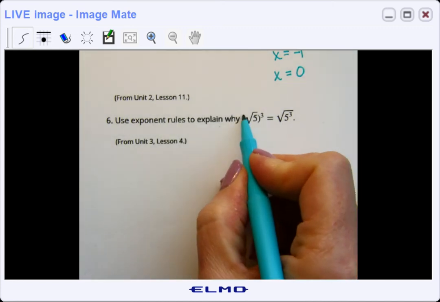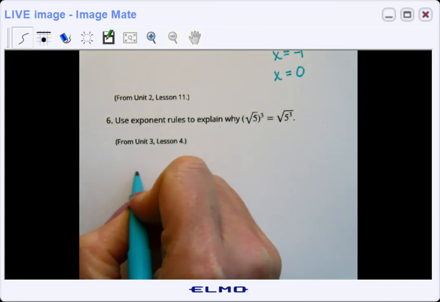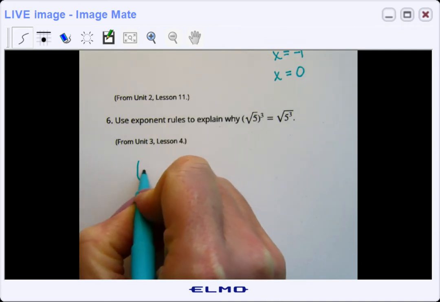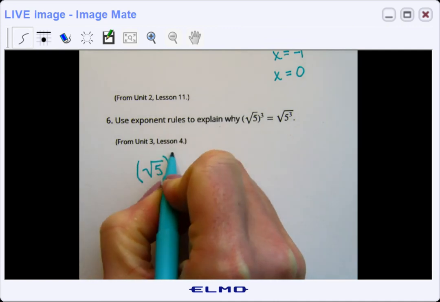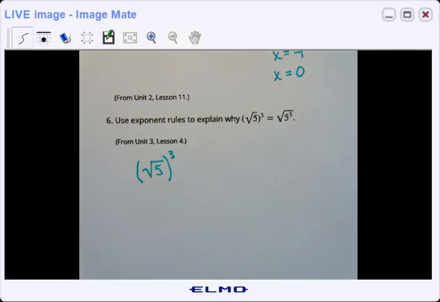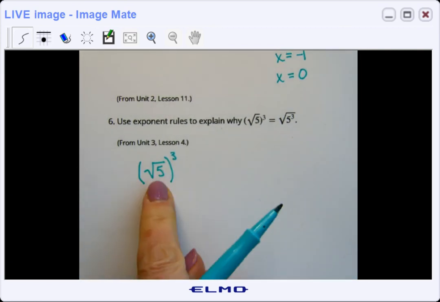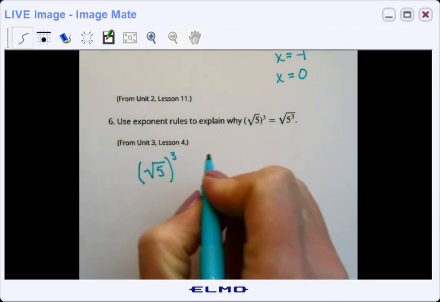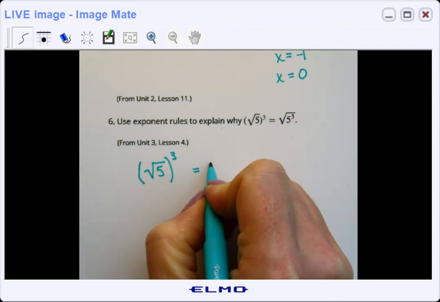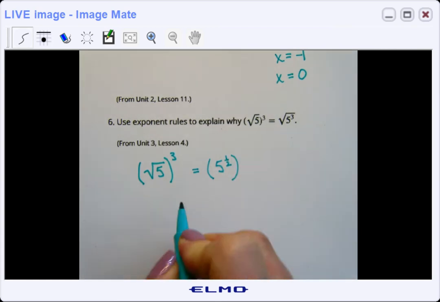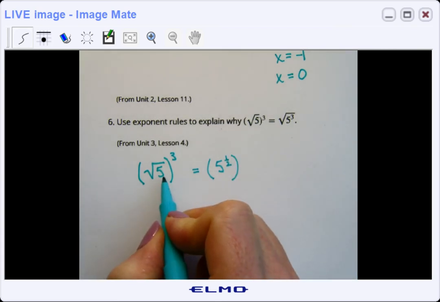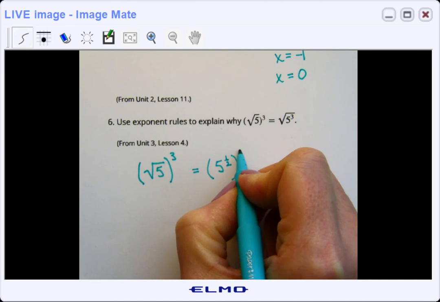So I'll start with the first expression. Inside parentheses, the square root of 5, and then outside, raised to the power of 3. Well, I can rewrite the square root of 5 as 5 to the 1/2. So this is the same as 5 to the 1/2 and then to the third.